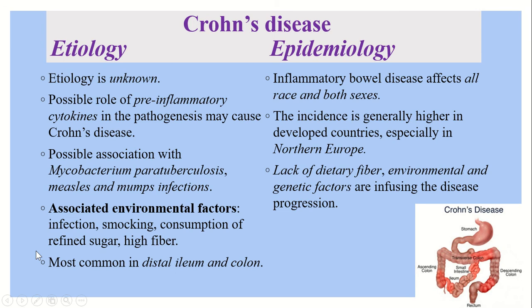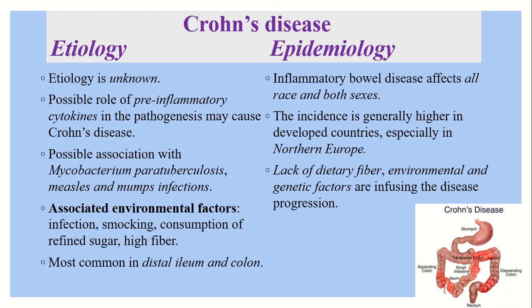And finally, let us discuss Crohn's disease. The etiology of Crohn's disease is unknown. A possible role of pro-inflammatory cytokines in the pathogenesis may cause Crohn's disease. Possible association with Mycobacterium paratuberculosis, measles and mumps infections. Associated environmental factors are infection, smoking, consumption of refined sugar, and high fiber.